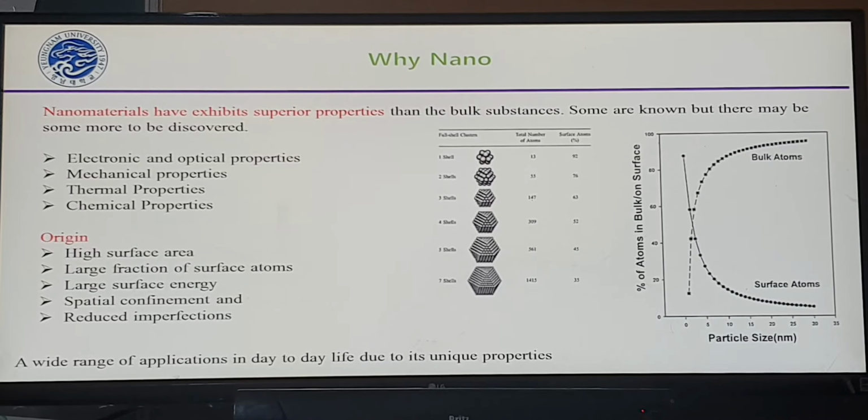Because when a material comes to nanoscale, what happens is its surface area is increasing. That means a bulk material has low surface area, but a nanomaterial has high surface area, and also a large fraction of surface atoms.